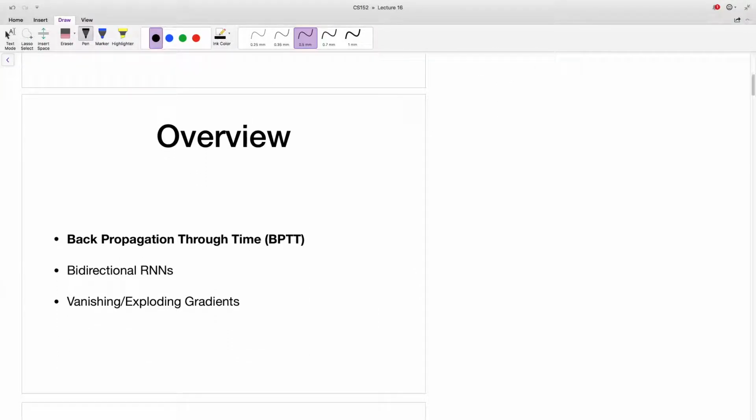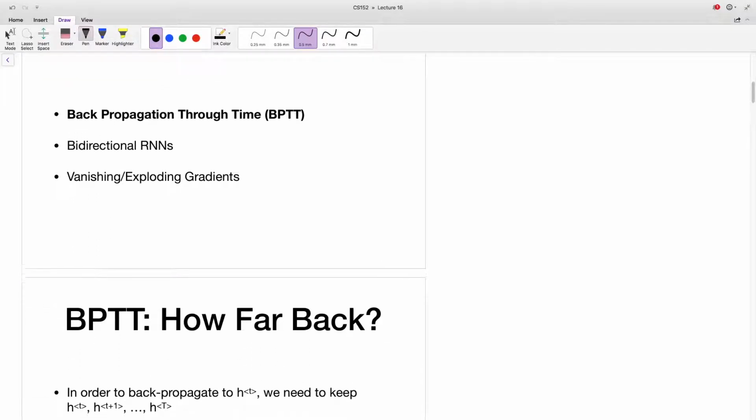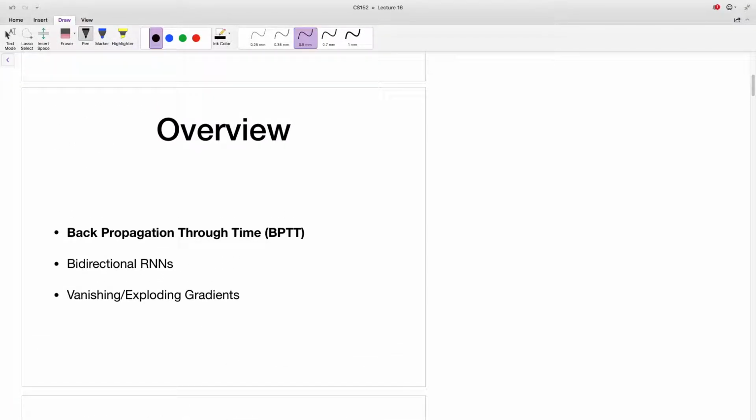I want to mention something about backpropagation through time. What we're really talking about is truncated backpropagation through time, because we've got a bit of a problem. If we want to do backpropagation, then we need to keep all of our activations at each time step.